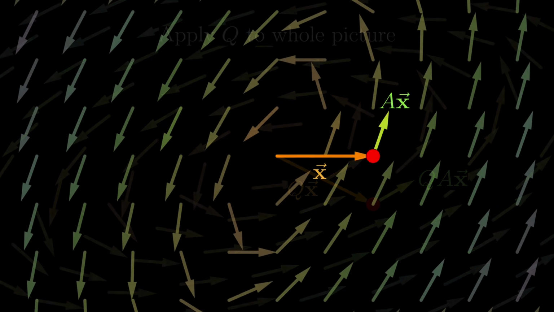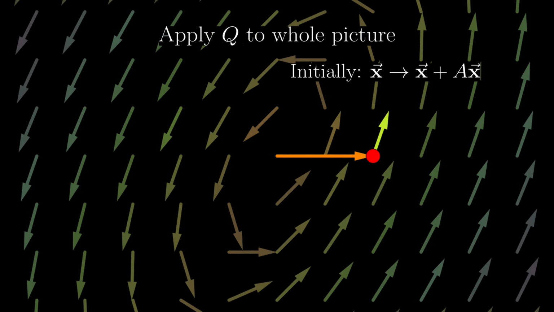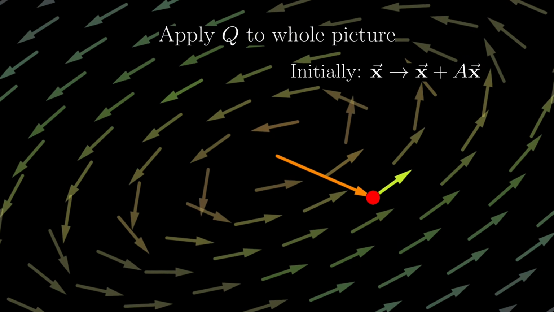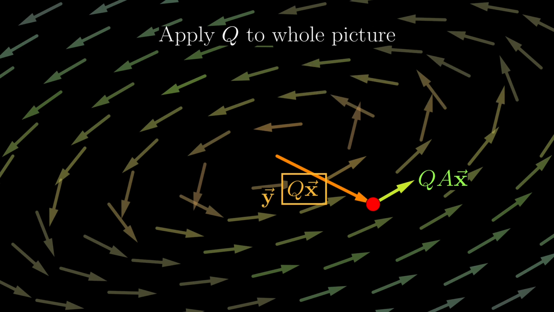Initially, the attached vector to the point x is going from point x to x plus Ax. So when we apply the transformation Q on the whole picture, the attached vector goes from Qx to Qx plus QAx. So this attached vector is QAx. Now let's call this new position vector y.